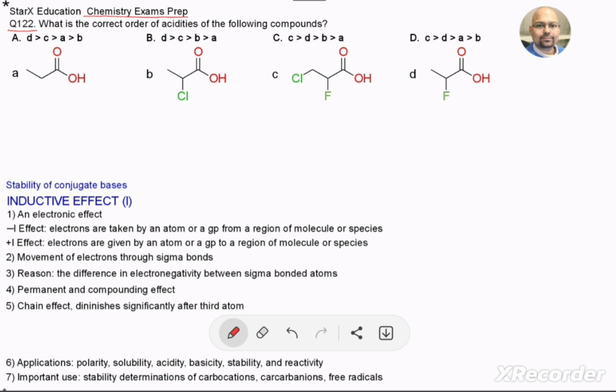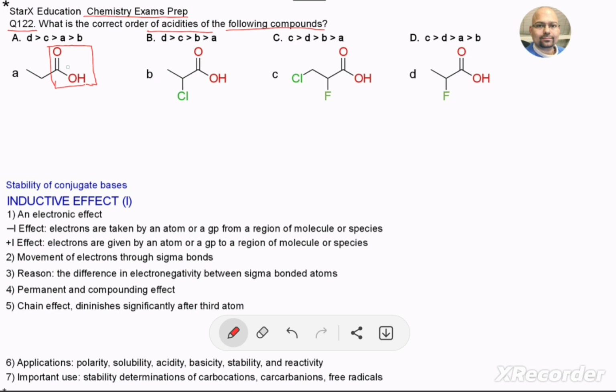So in this question, we need to figure out the order of acidities of these four compounds. So let's name them first according to the IUPAC rules. All of these compounds have a carboxylic acid functional group, and these compounds are named as alkanoic acids.